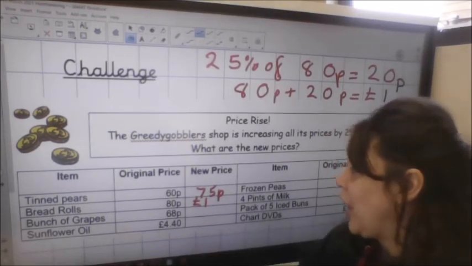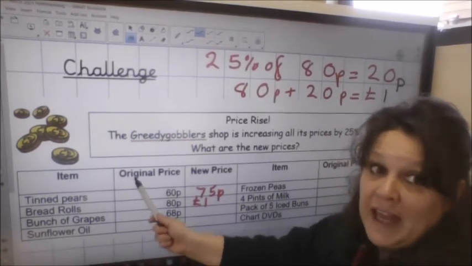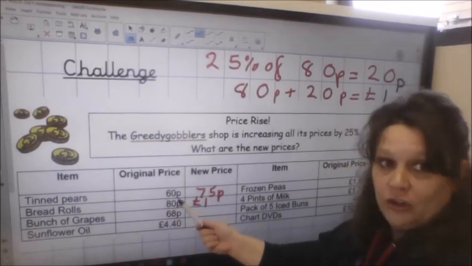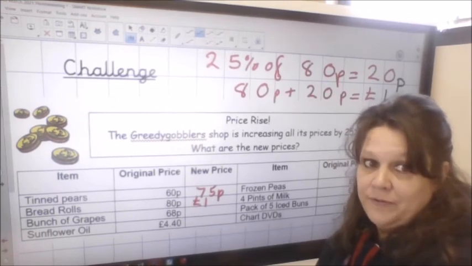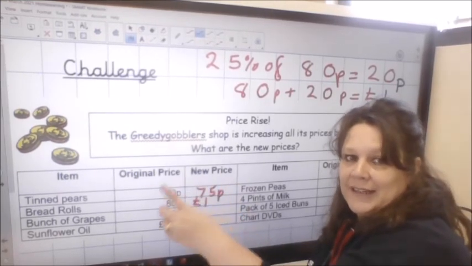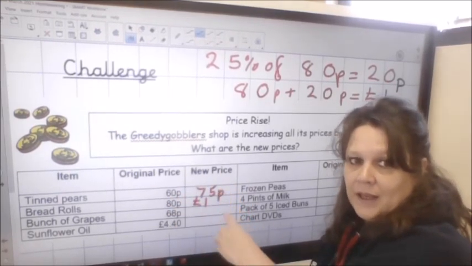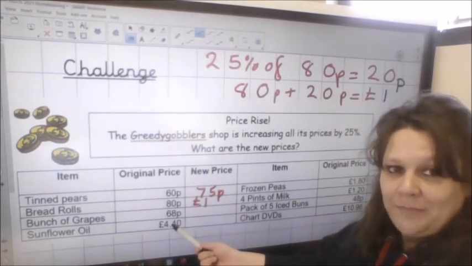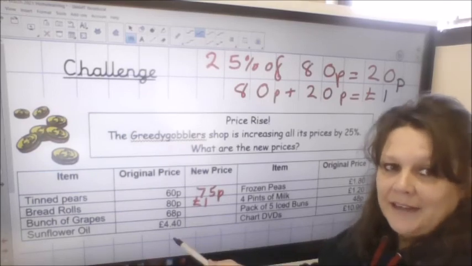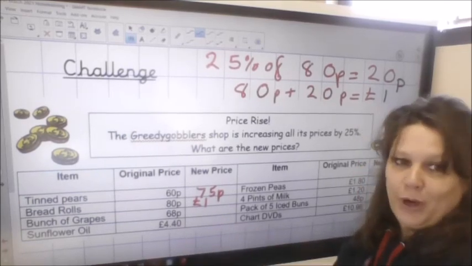With the tinned pears, we started off at 60, 25% of 60 is 15, so 15 and 60 was 75p. So find the 25%, then add it to the original price to get the new price.